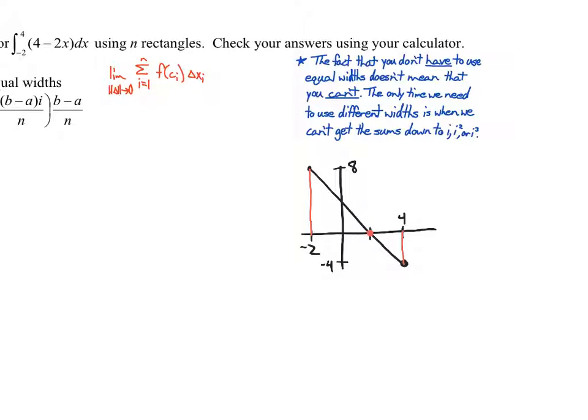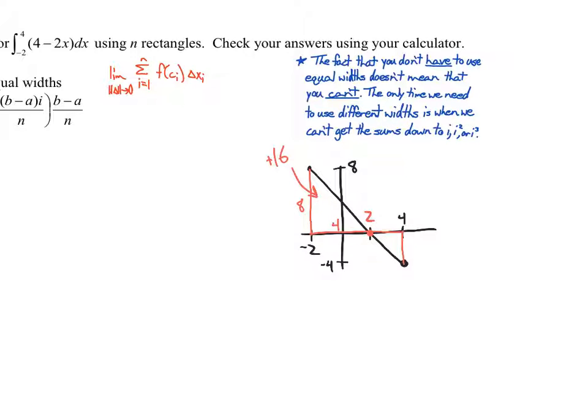Where does this hit the x-axis? At 2. So that's at (2, 0). The area below is going to be negative, and the area above is going to be positive. This triangle right here has a base of 4 and a height of 8, so the area is a positive 16.